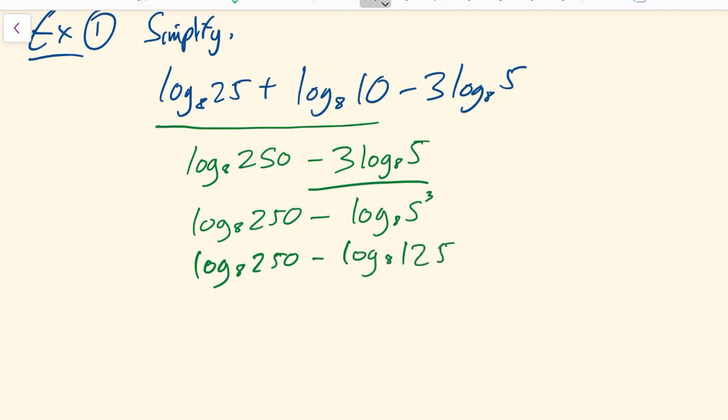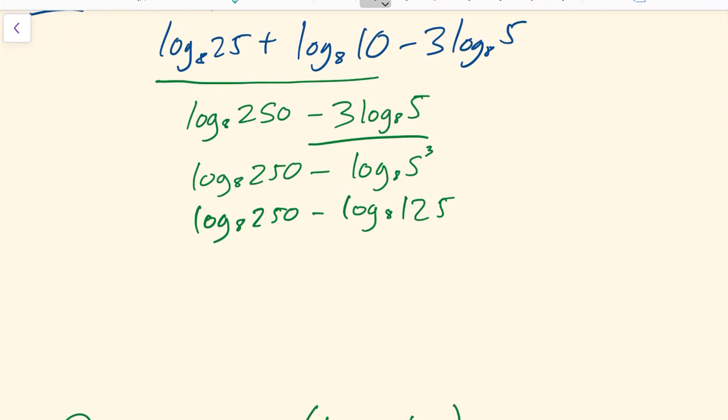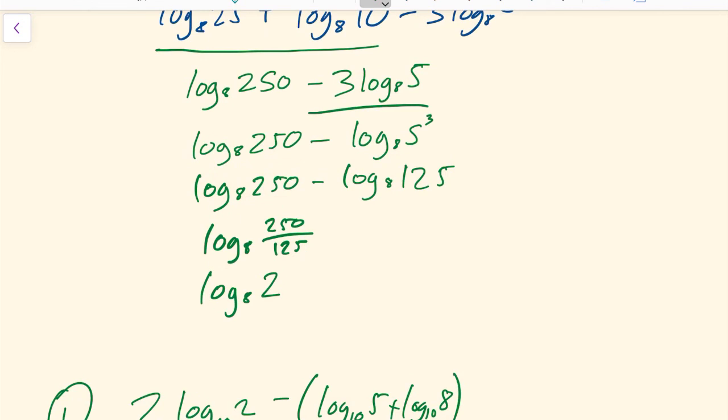Now 5 to the power of 3 is 5 times 5 times 5, which is 25 times 5, which is 125. And now we can use the second rule, because we've got a minusing of logs, which turns it into a single log with division. And you can see that this is log to the base 8 of 2. We can go one step further, because what we're asking ourselves is 8 to the power of something equals 2.